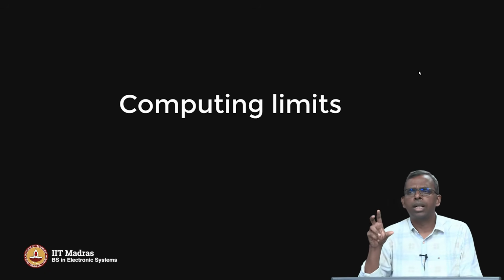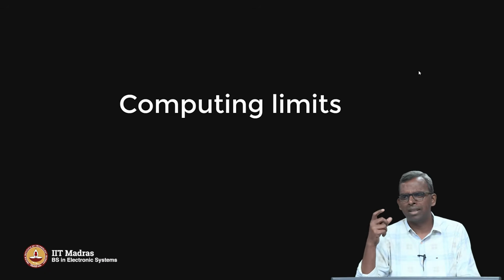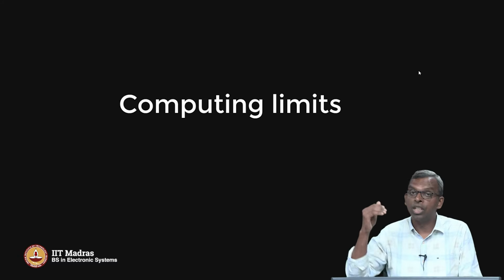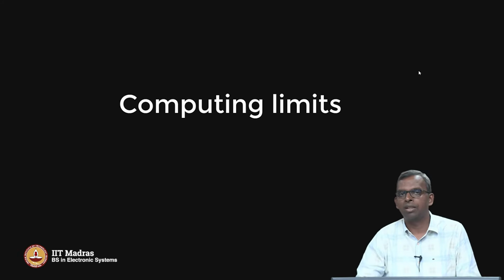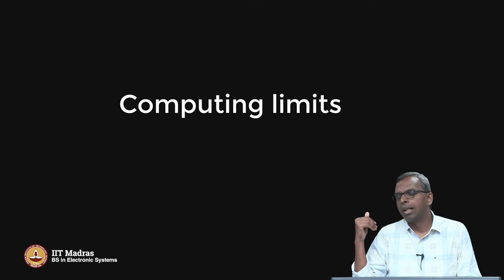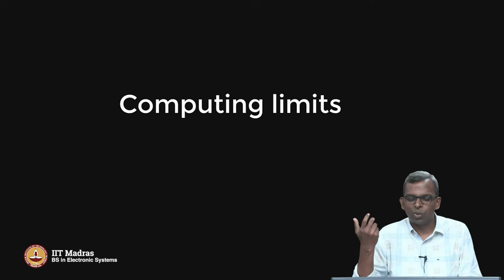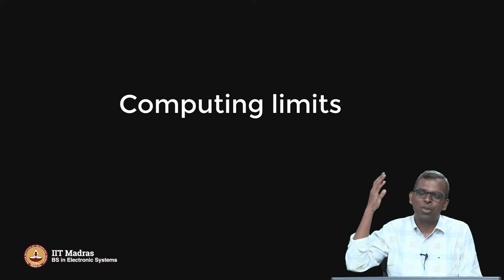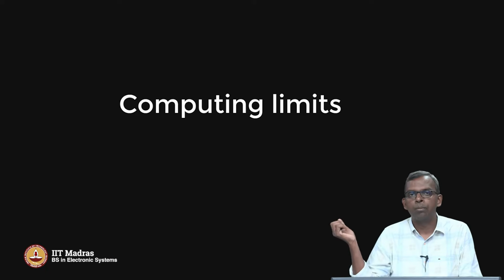I want to warn you that these terminologies are slightly different in various places. Some people will say it is converging to plus infinity, converging to minus infinity, while they'll say divergent basically means limit does not exist. But I prefer to use this terminology because I don't want to think of infinity as the same thing as a finite number.